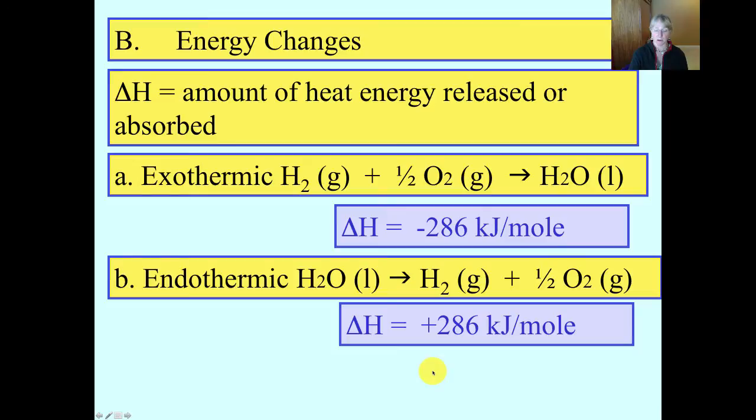It takes 286 kilojoules to break or decompose water into its constituent gases. So whenever you see a delta H off to the side of a chemical reaction, it's telling you if a reaction is endo or exothermic, which way the energy is flowing in or out of the system, and also the amount of energy required per mole of substance.